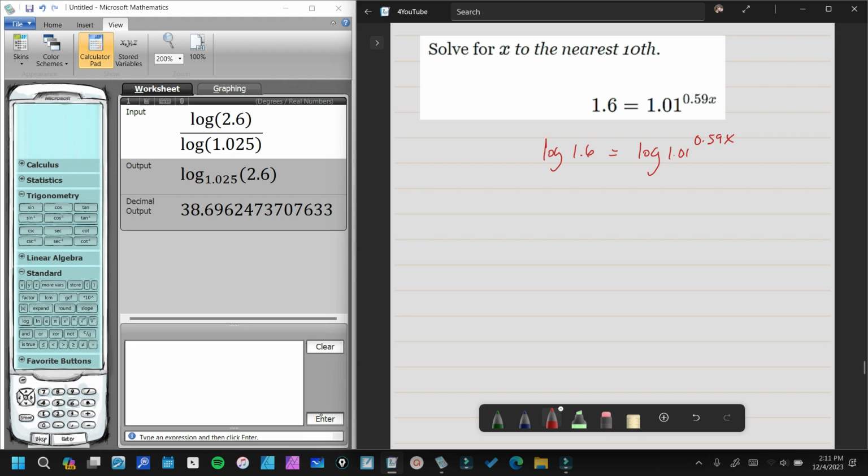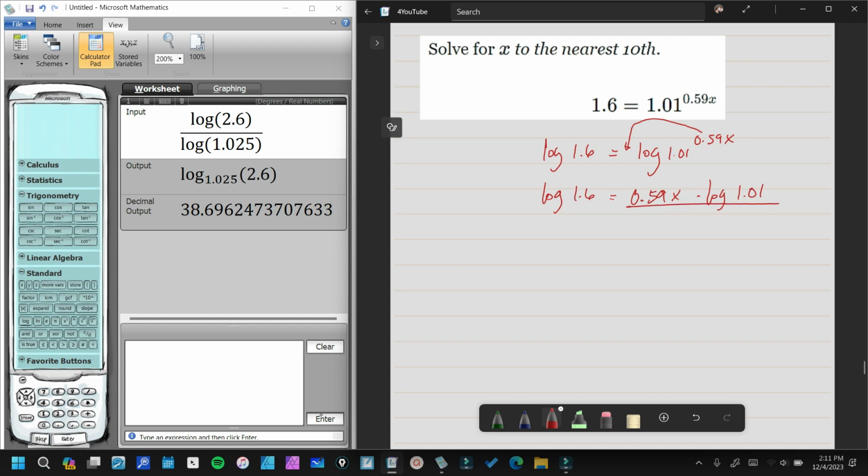0.59x. And again, using one of the properties of logarithm, we can move this exponent towards here, and that will give us 0.59x times the logarithm 1.01. This is logarithm 1.6.